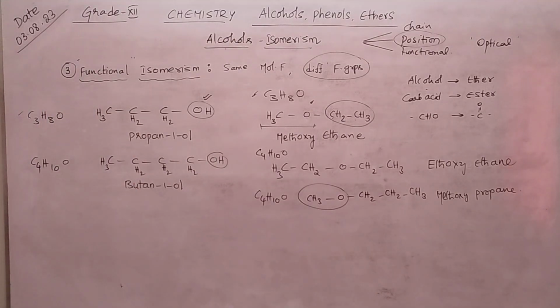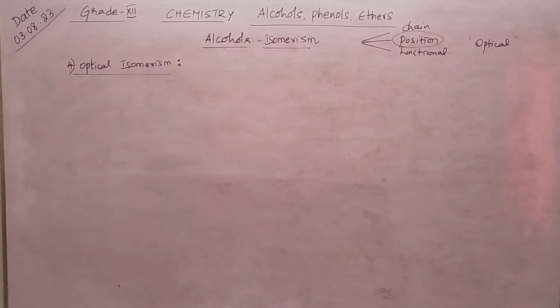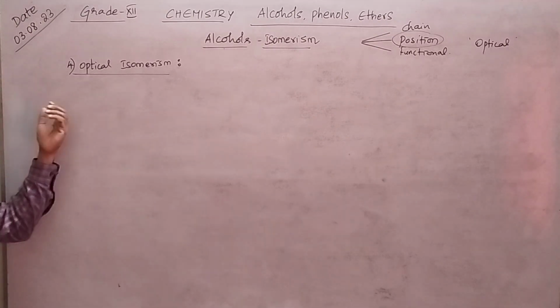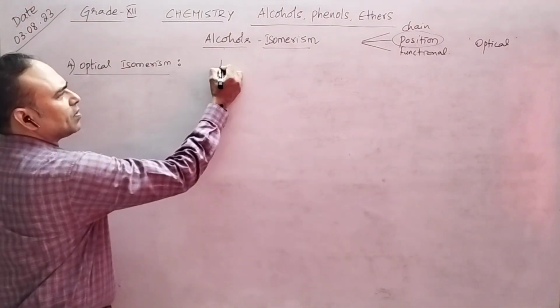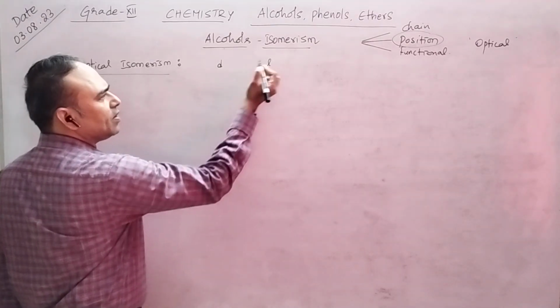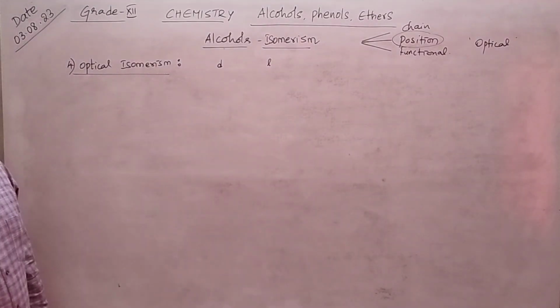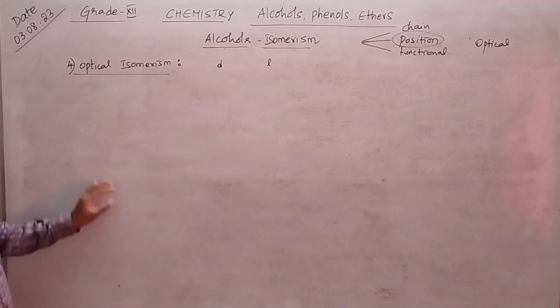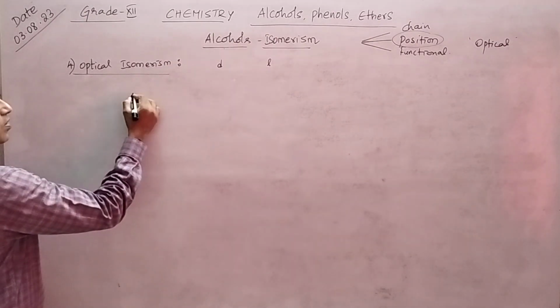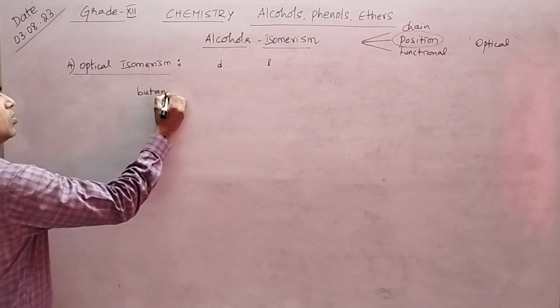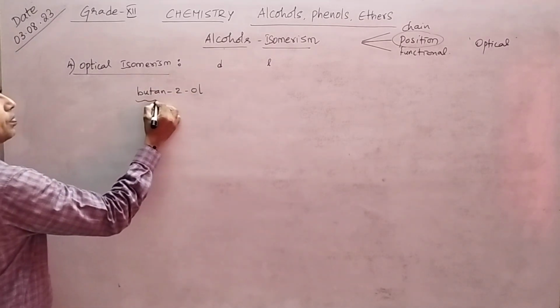Now the last one is optical isomerism. See, we have already discussed that there are two types, that is dextrorotatory and levorotatory. So in the previous classes we already know. Now let us see in the alcohol what are the two examples. We take first, we can write it as butan-2-ol.